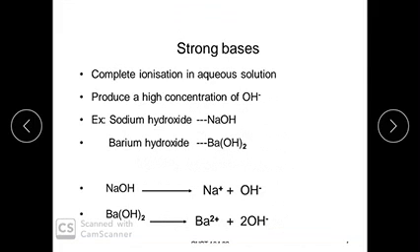Examples are sodium hydroxide and barium hydroxide. Sodium hydroxide on ionization produces Na plus and OH minus ion. Barium hydroxide produces Ba plus 2 and 2 OH minus ions.